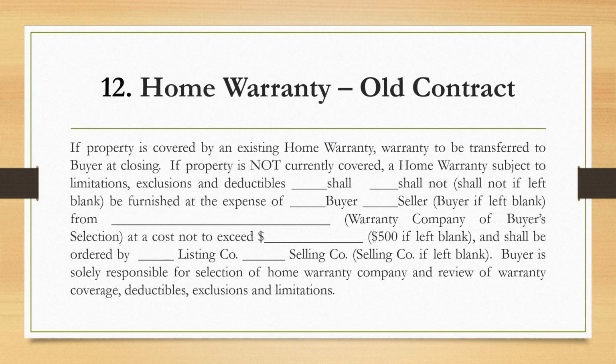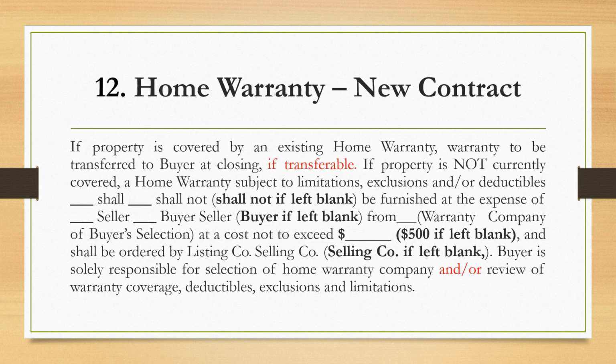We're on paragraph 12. This is the section on home warranties, and we had a fairly minor change to this paragraph. Here's your old contract language. The new contract language says we just added the words in the first sentence, if transferable. If property is covered by an existing home warranty, warranty to be transferred to buyer at closing if transferable.